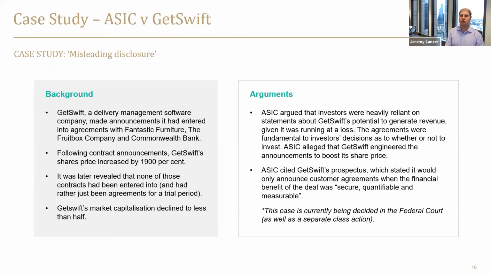You do need to be conscious of what it is that you are disclosing, and understand that whilst in the David Jones example, not enough information could be dangerous, but also too much information or not the right information can also be dangerous. And you need to be really careful and precise around the way in which you disclose information to the market, and of course, just making sure that information is correct, that it's accurate, and that you're not implying something by the way in which you make an announcement that isn't truly there, but is done so just designed to improve the share price.